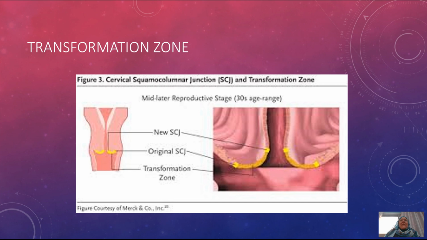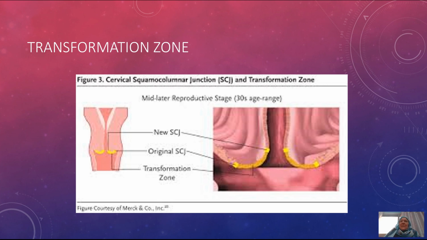As a quick reminder, the transformation zone is the part of the cervix which used to be covered by columnar epithelium, and due to exposure to the acidic environment of the vagina has undergone a process of metaplasia, and during this process has become squamous epithelium.